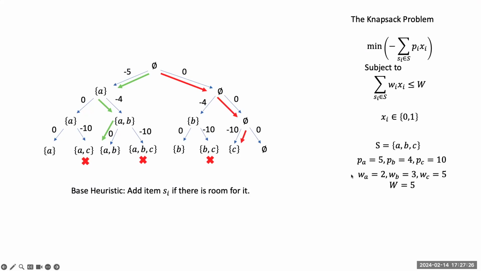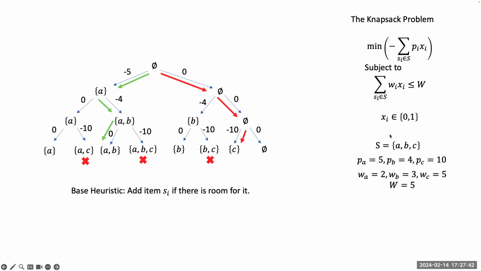And each item also has associated with it a weight, in this case, 2, 3, and 5, respectively. We also have this weight limit, which in this case is 5. So here's the optimization problem.